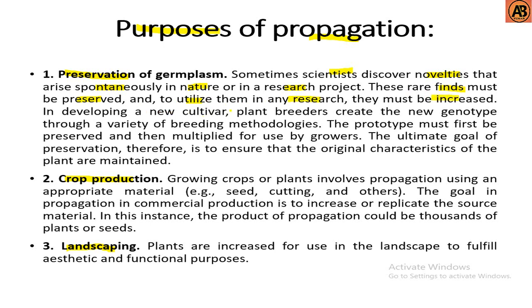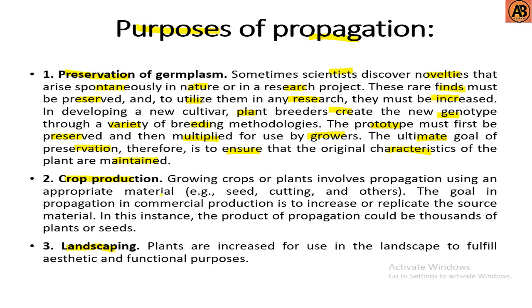In developing a new cultivar, plant breeders create the new genotype through a variety of breeding methodologies. The prototype must first be preserved and then multiplied for use by growers. The ultimate goal of preservation there is to ensure that the original characteristics of the plant are maintained. So first purpose is preservation of germplasm.